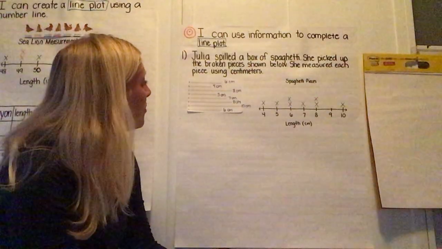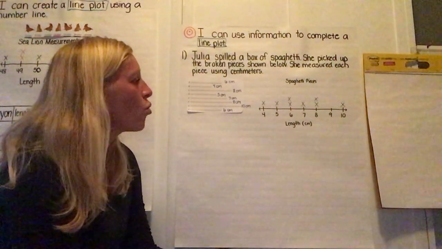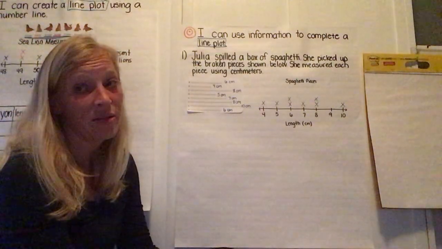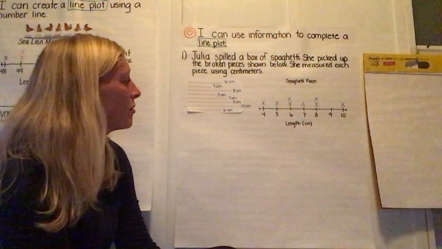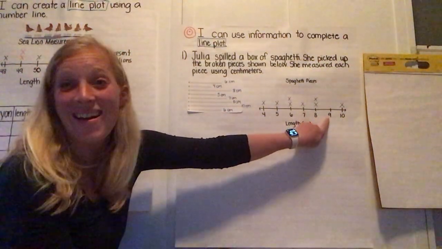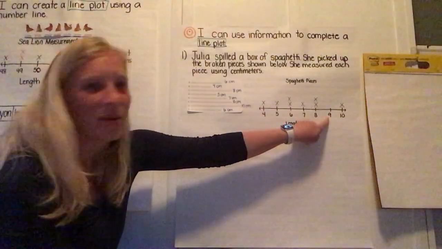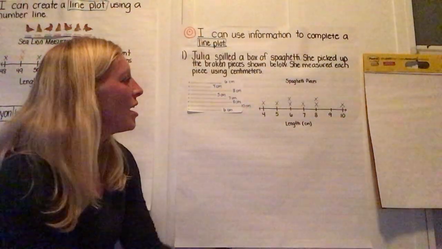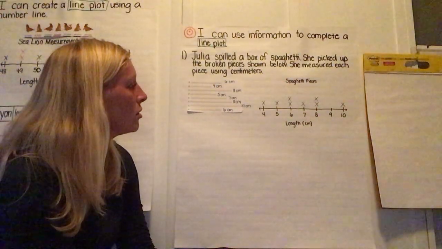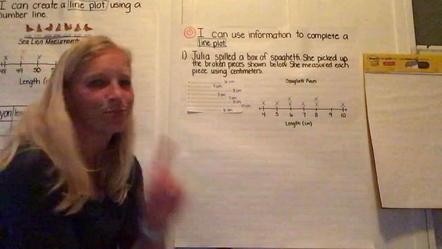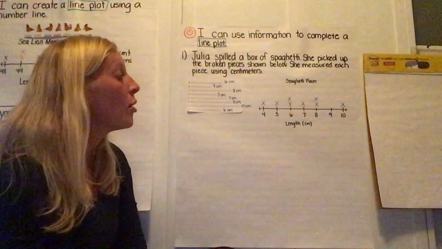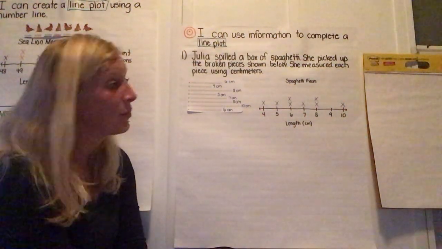Was there any length that was not represented on this, from our pieces of spaghetti? There were none that were 9 centimeters long, were there? No. Which ones had the most length?